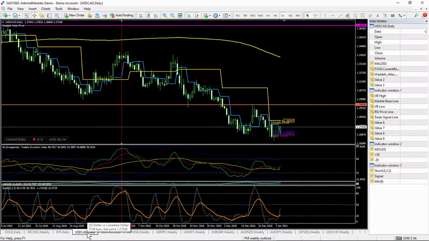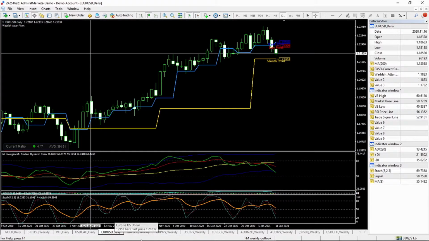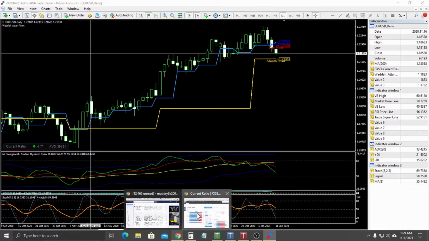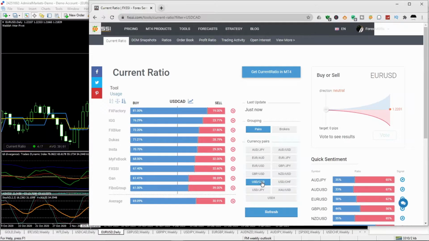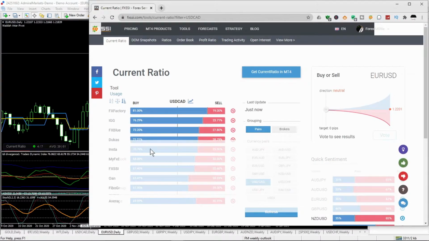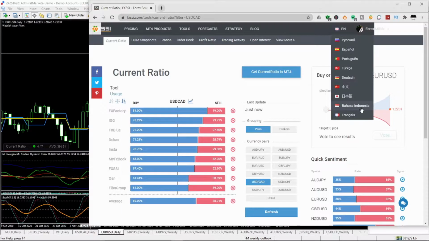Let's take a look also at these two. First, let's see what the sentiment is on the CAD and what it is on the euro.